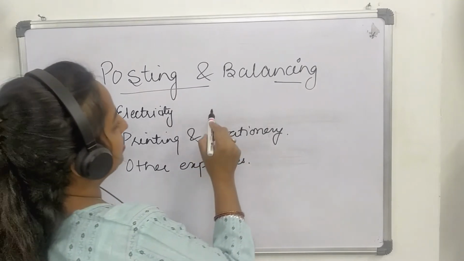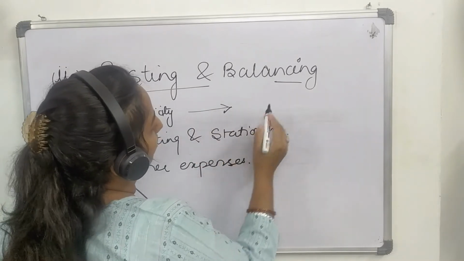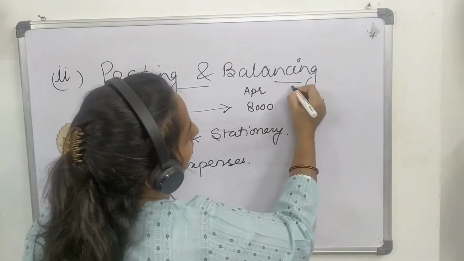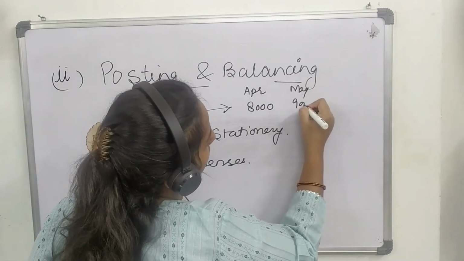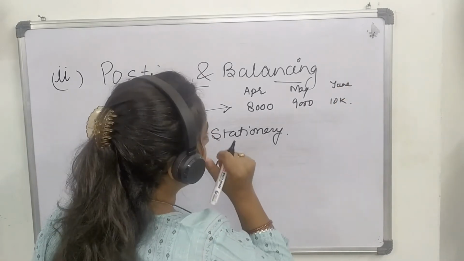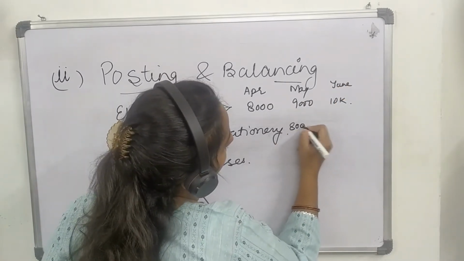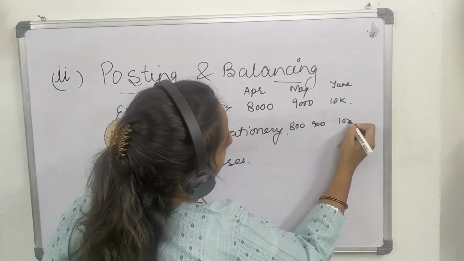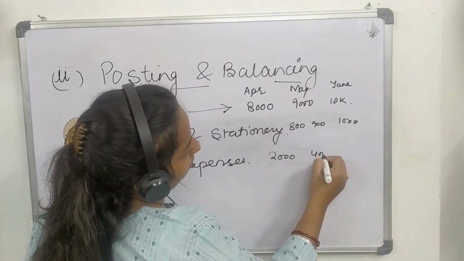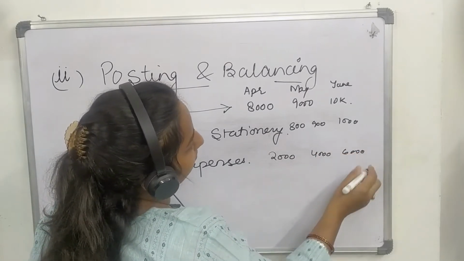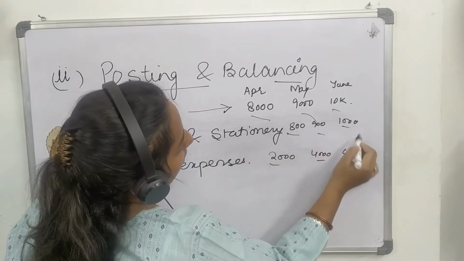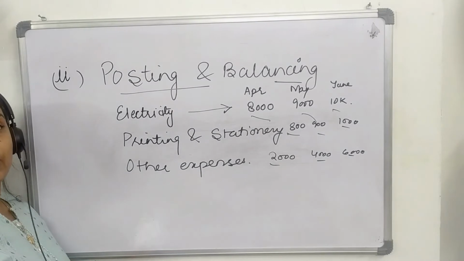Now, electricity had in the month of April 8,000 rupees, May 9,000 rupees, June 10,000 rupees. Similarly, stationery 800, 900, 1,000. Similarly, other expenses were 2,000, 4,000, 6,000. The respective expenses were made into different heads in different months.